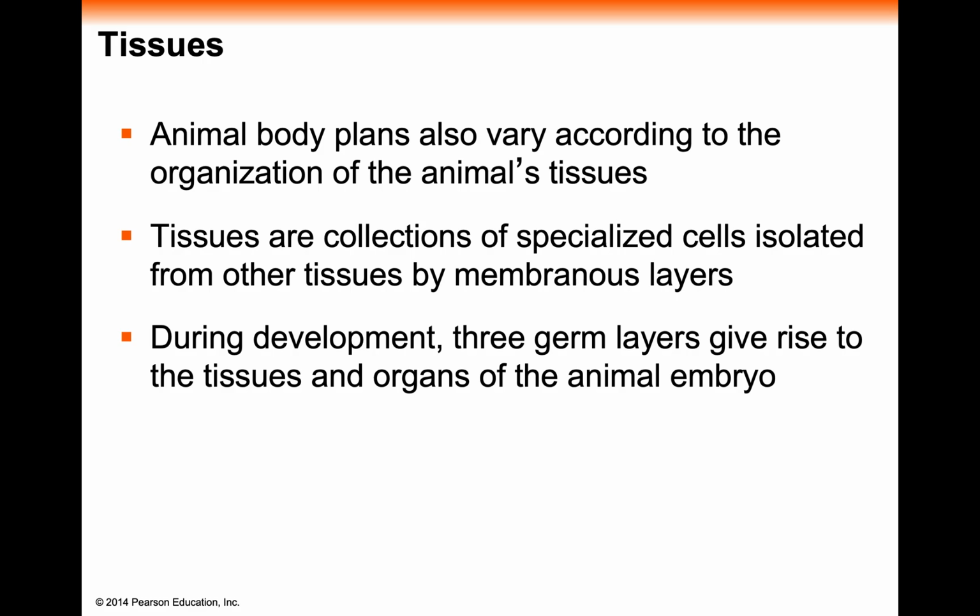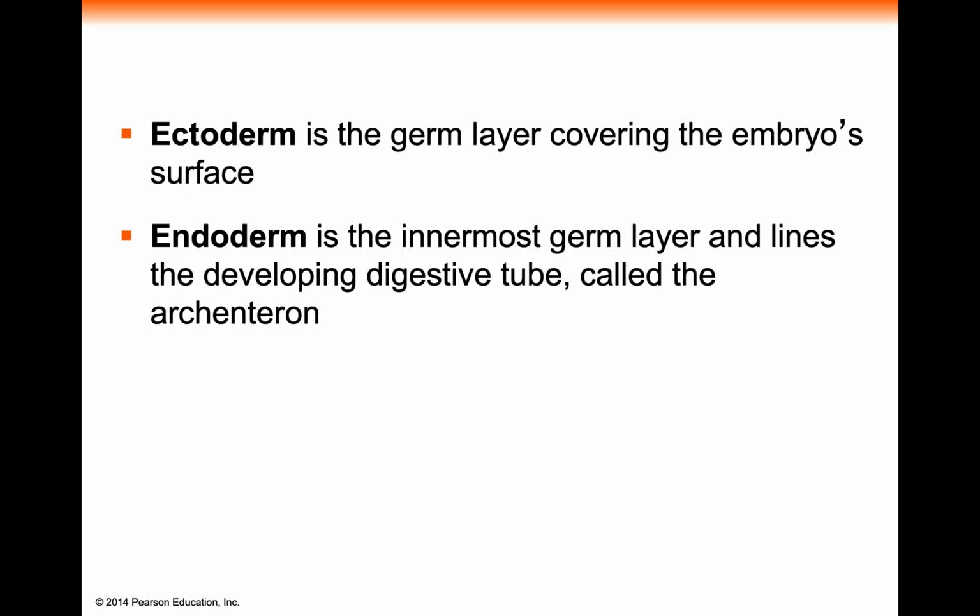So during development, you end up with 3 germ layers, and that gives rise to the tissues and the organs of the animal embryo. And actually, early on, we don't even see 3 germ layers. Really, we just see 2. We have an ectoderm, which is the outside. So what's going to form from the outside? We mentioned this already. What's on the outside of all animals? Some type of skin. That's your ectoderm.